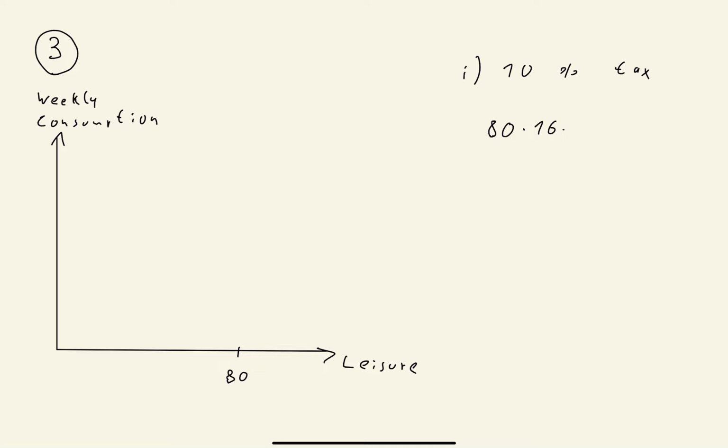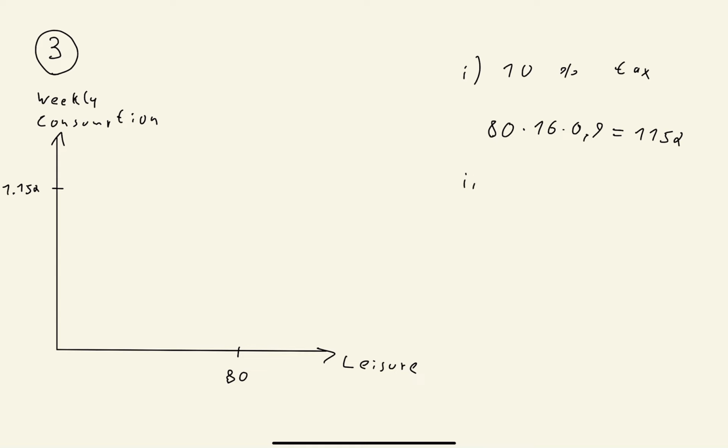The tax rate is 10%, so 1 minus 0.1, and hence we have 0.9. So we multiply this with 0.9. And if we calculate everything, we end up with $1,152. This will be the maximum weekly consumption of this person.